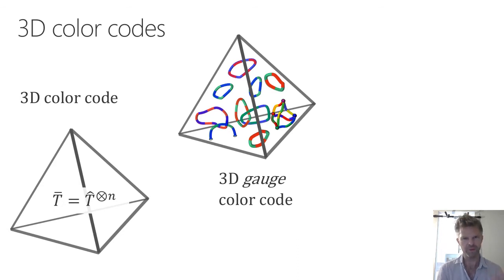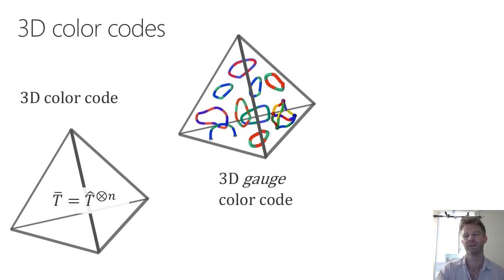And something that's pretty clear from the way that I described the definition is that if you have some state which is a code state of the 3D color code, the stabilizer version, then because the gauge color code just has a sub stabilizer group of the stabilizer color code, the state is automatically a state of the subsystem code too. So the 3D gauge color code is essentially a generalization of the stabilizer code.